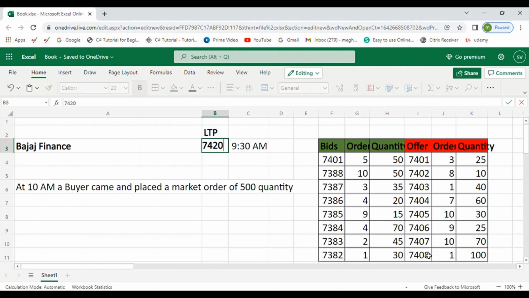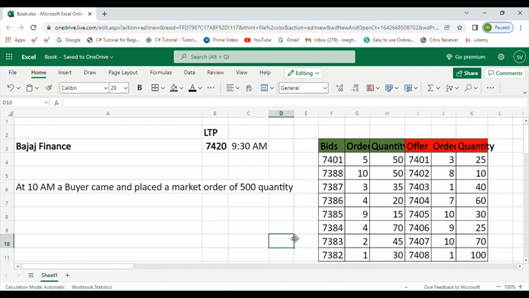So when this is done, the last traded price would be somewhere around 7420 or 7425, which is why we see the big green candle coming up all of a sudden. The same goes with selling as well. When some random guy comes all of a sudden and wants to sell his Bajaj Finance shares of huge quantity or any different quantity at market price, then the system will check for the best possible price.